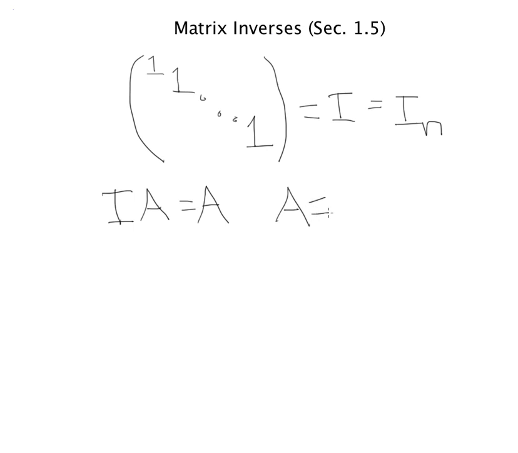A is equal to A times I. So if you multiply on the right or the left, it gives you back the original matrix, and that's very easy to see.